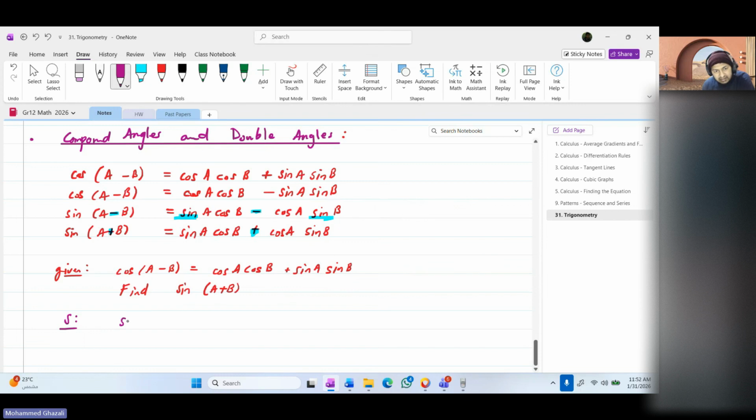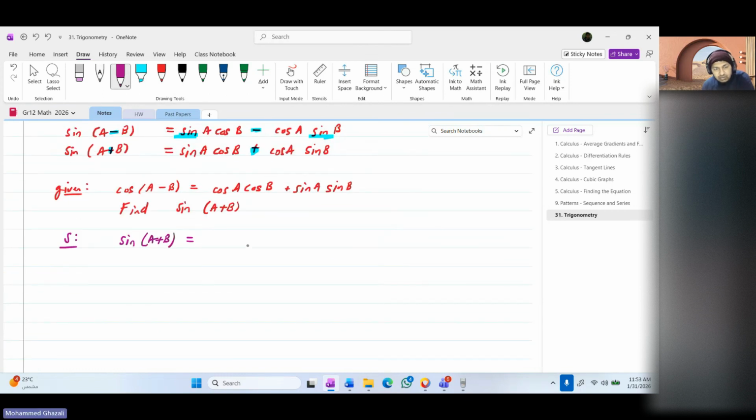I would say sine of A plus B is actually equal to cos. I'm using co-ratio now. What is sine of theta? Cos of 90 minus theta. So I'm going to use this 90 minus A plus B. So I hope you understood what I have done here.